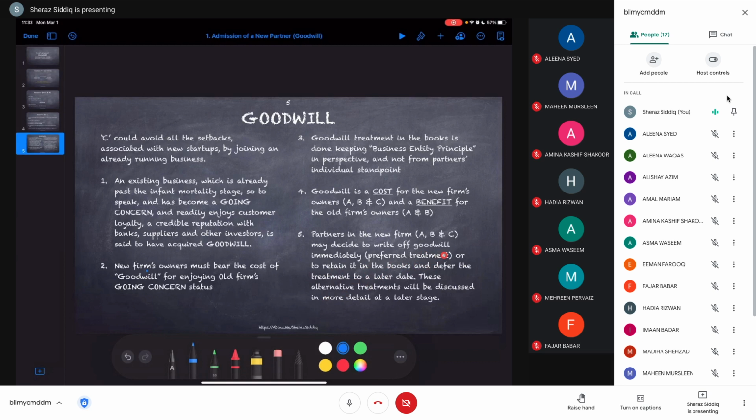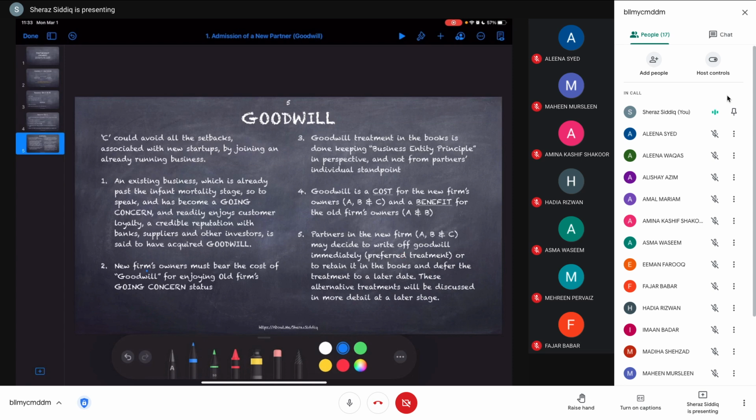अब ये जो सेकंड फेज है ना जिसके अंदर आपने बुक्स में गुडविल को रिटेन करना है, वो हम अगले 2-3 क्वेश्चंस के बाद देखेंगे. But you need to understand that the preferred treatment is when the goodwill account is immediately written off from the books, and that is your preferred treatment. And we know now why it is a preferred treatment, because inherent goodwill is directly conflicting with the money measurement principle.